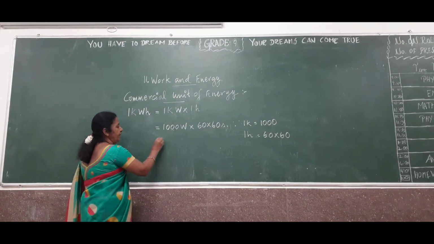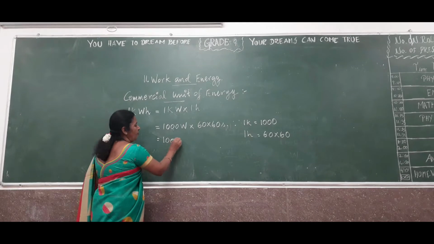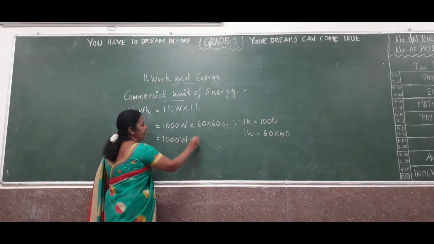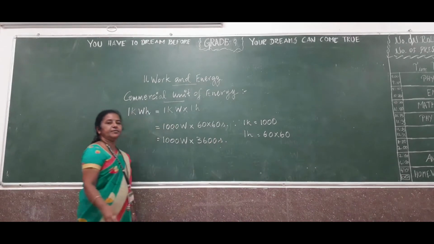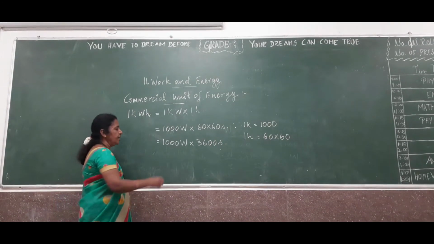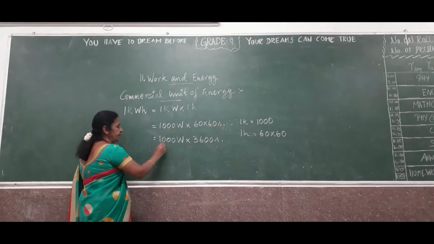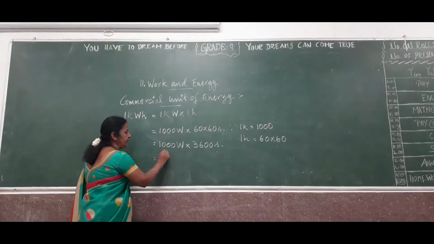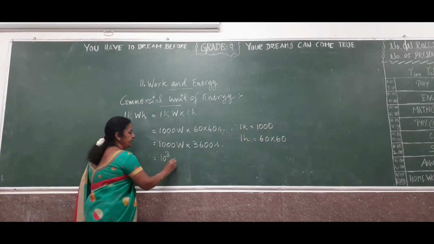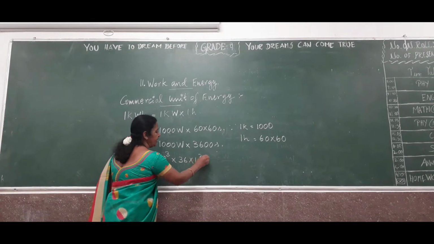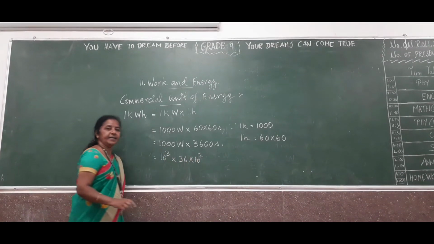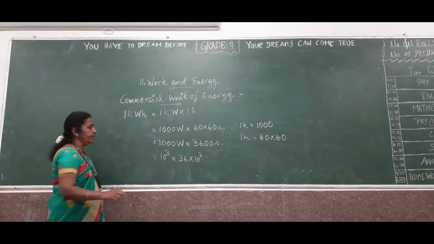Now you will be multiplying 1000 watt into 3600 seconds. Together, 1000 can be written as 10 raised to 3, and 3600 can be written as 36 into 10 square. When you multiply, the powers are added.